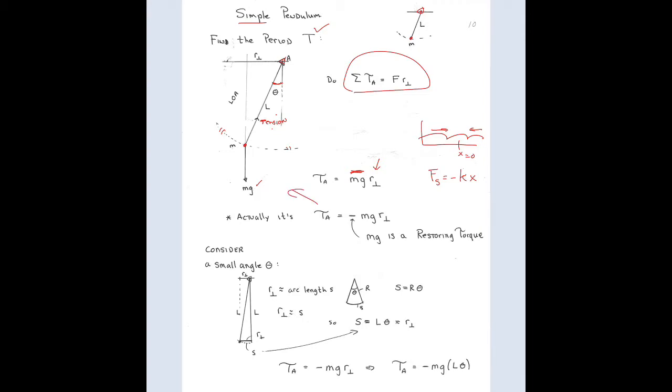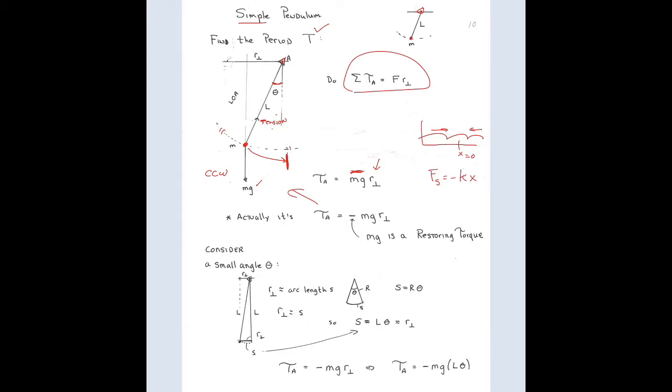In this picture over here, the torque due to mg about axis A would be a counterclockwise torque, meaning that if you held this and let it go, the torque due to mg would tend to rotate the ball back toward that center equilibrium point.